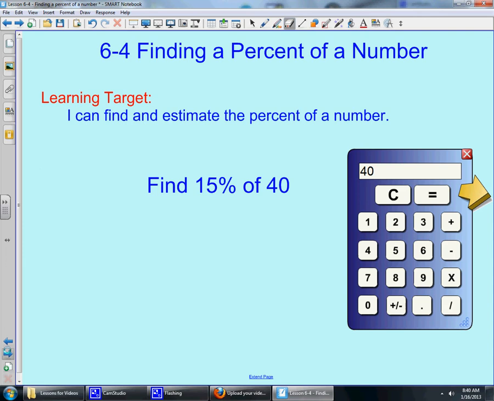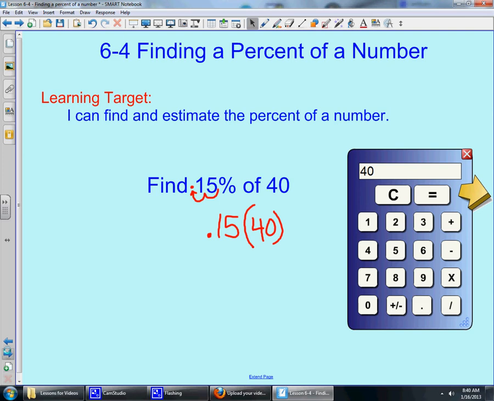Find 15% of 40. So the first thing we're going to do is change 15% to a decimal. We move that 2 places to the left. So now that's 0.15 or 15 hundredths. Of means times, so we're going to multiply 15 hundredths by 40.